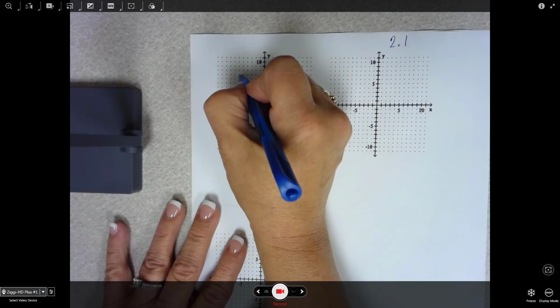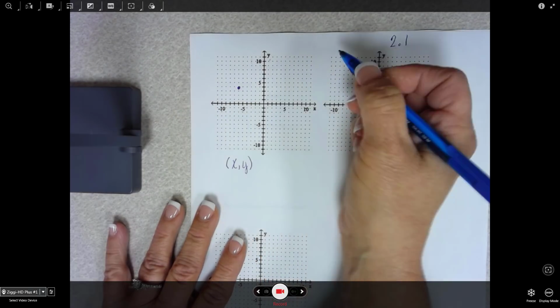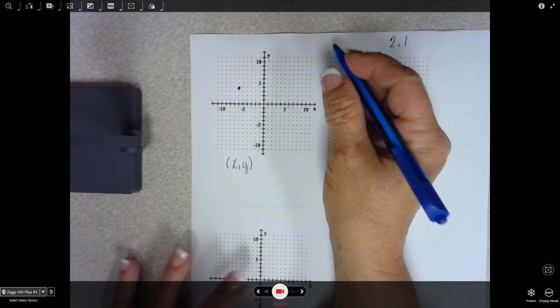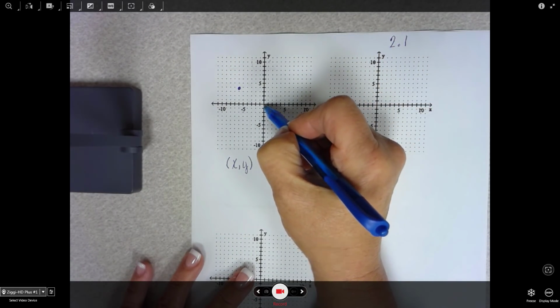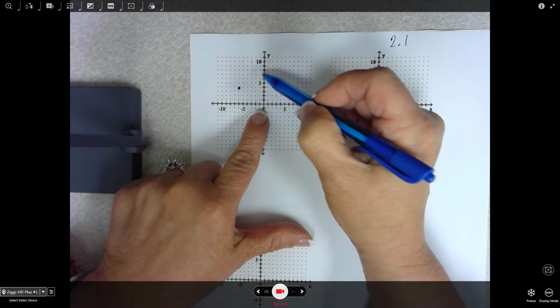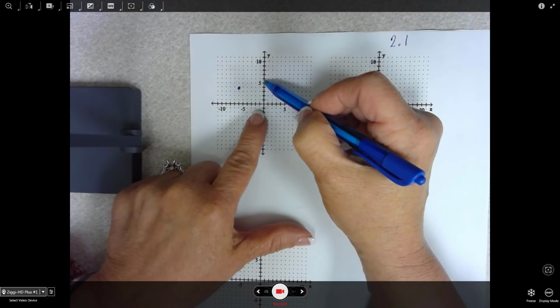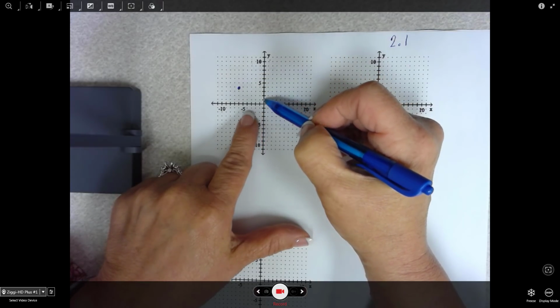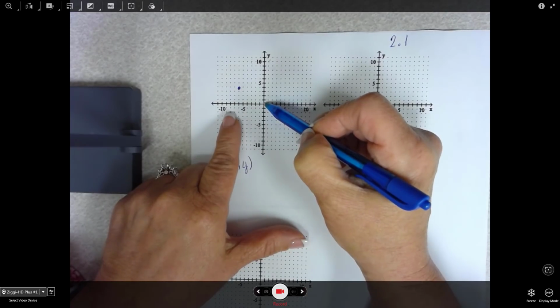If I had this point right here, we can find out the location of that point by starting at our origin, and you can tell it's your origin. Look at the numbers. You have 10 and then 9, 8, 7, 6, 5, 4, 3, 2, 1, 0. So you know y right here is 0.